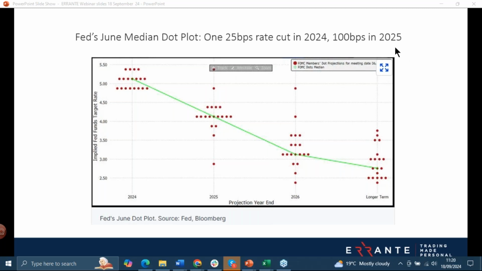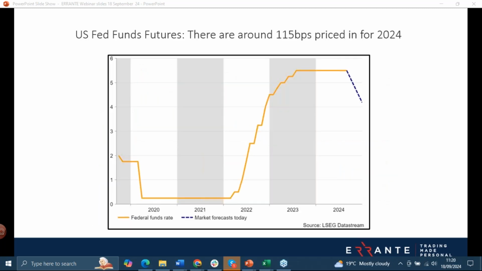Before we look at the dollar, I just breezed past this, which shows where we are at the moment, 5.25 to 5.5%, and around 115 basis points of easing priced in for this year alone, then another 100 or so for next year as well.